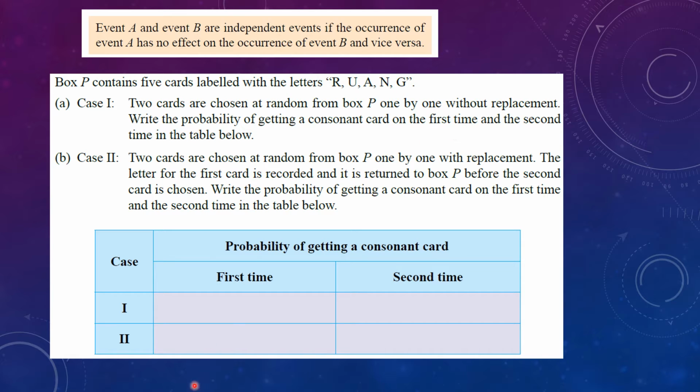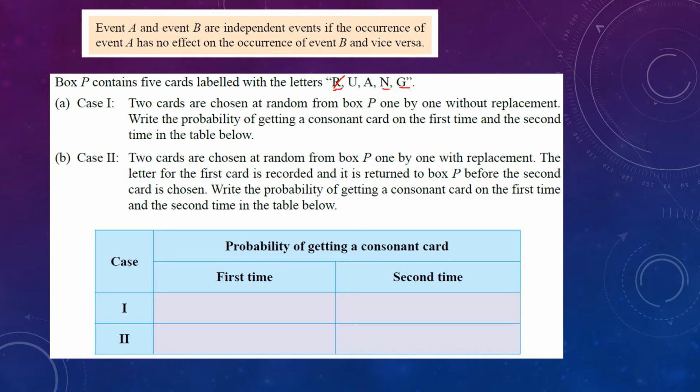So from these letters we know that R, N and G are consonants. So out of these 3 cards, for example, if you choose R, that means you are not going to put back R into the box.